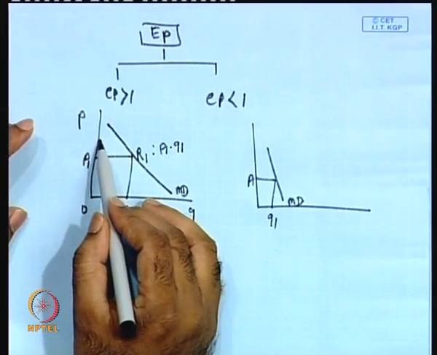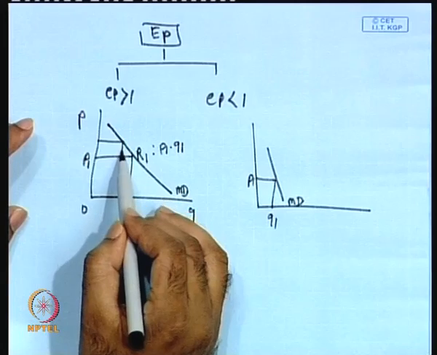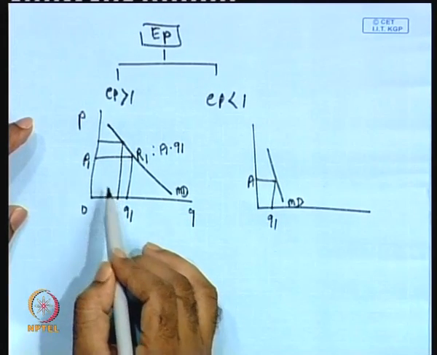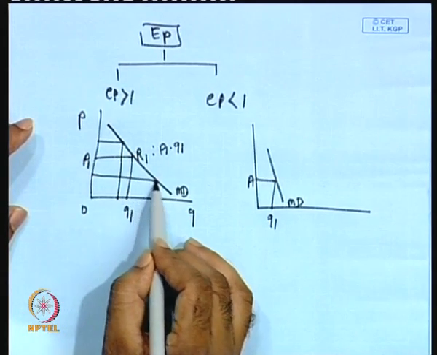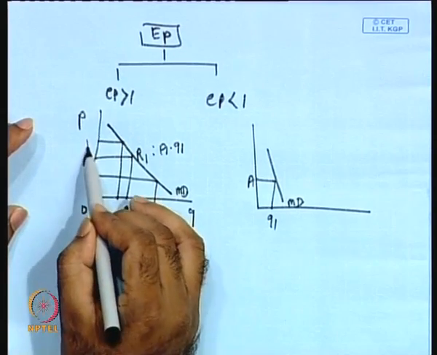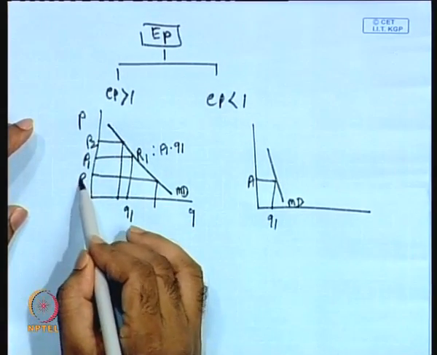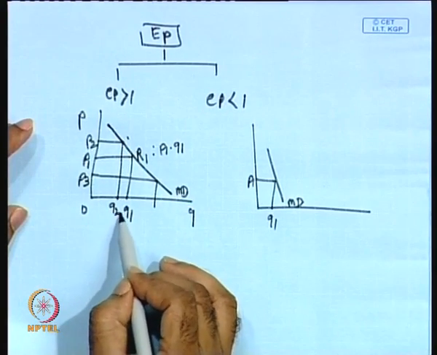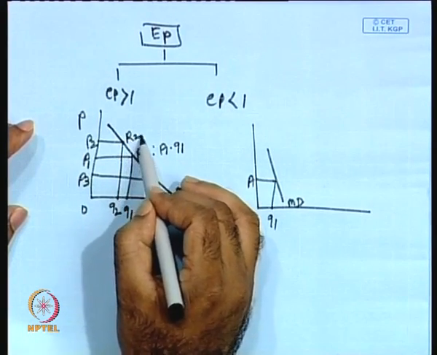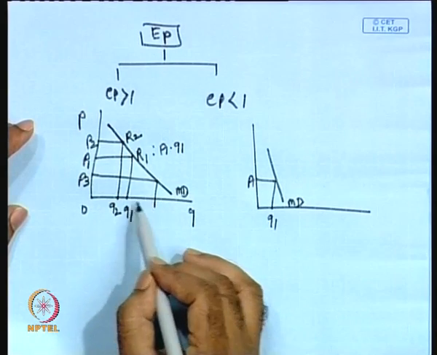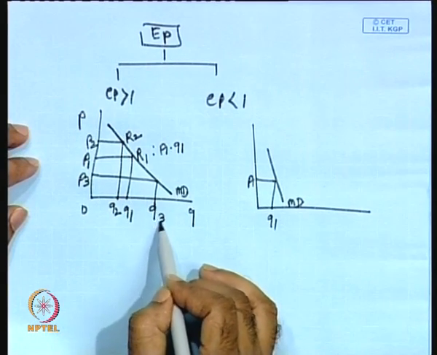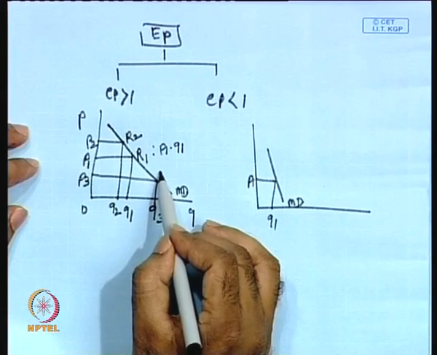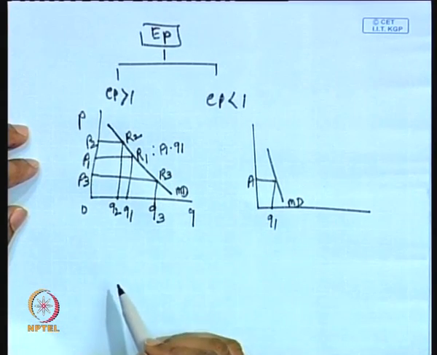Now I will make a change: one increase in price and another decrease in price. Okay. So this is P2 and this is P3; corresponding to P2 the quantity is Q2 and revenue is R2, then corresponding to P3 the quantity is Q3 and revenue is R3, all right.